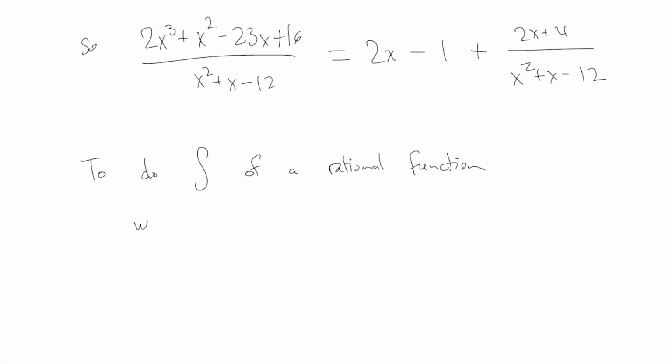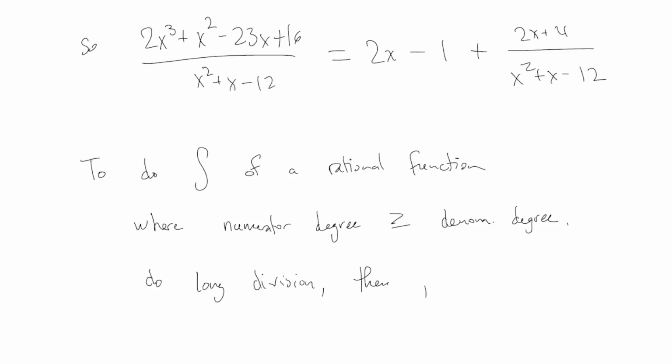So to do the integral of a rational function where the numerator degree is greater or equal to the denominator degree, the strategy is do the long division, then partial fractions on the remainder part. And then the entire integral becomes easy to do. I mean, easy after you do all that other stuff, which will take you a few minutes.